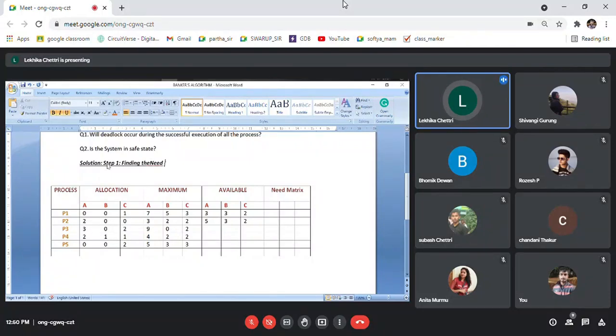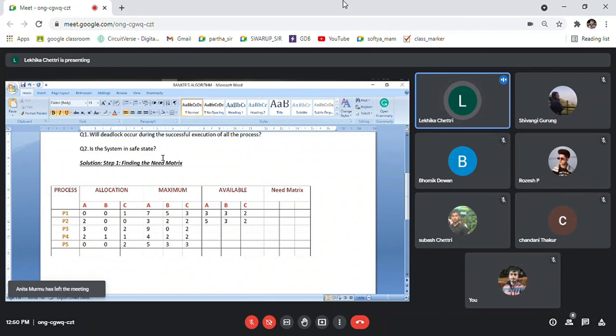There are two algorithms in the Banker's algorithm: one is the need matrix, and the other we call the safety algorithm. The safety algorithm is comparing and finding the safe state. The need matrix is calculating how much each process needs.